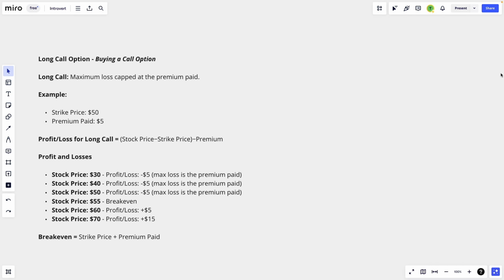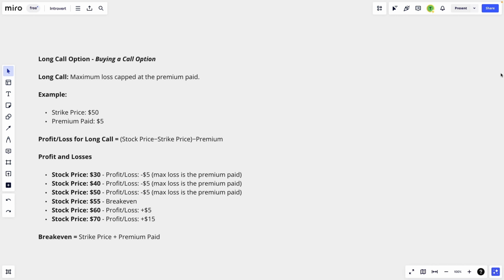Now, with long calls, what's great is you have the right, but you don't have any obligation. So your losses are going to be capped at the premium that you paid. The premium is what you pay to buy the option, which gives you the right to exercise it at the strike price. And again, that's the most you can lose when you buy an option.